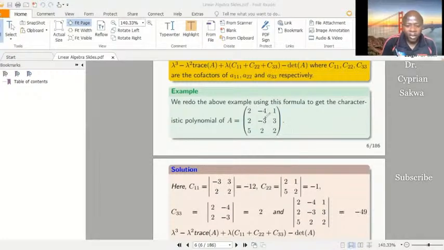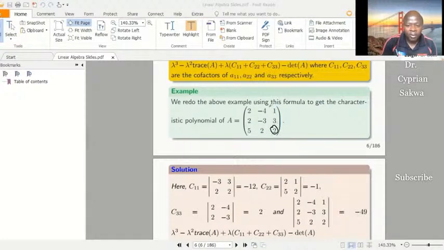Then I come to this other element and get its cofactor. So I delete the column of this element and the row of this element. I'm left with 2, 5, 1, 3. So 2, 5, 1, 3. So this determinant is the cofactor C22. Then I come to the last element here.